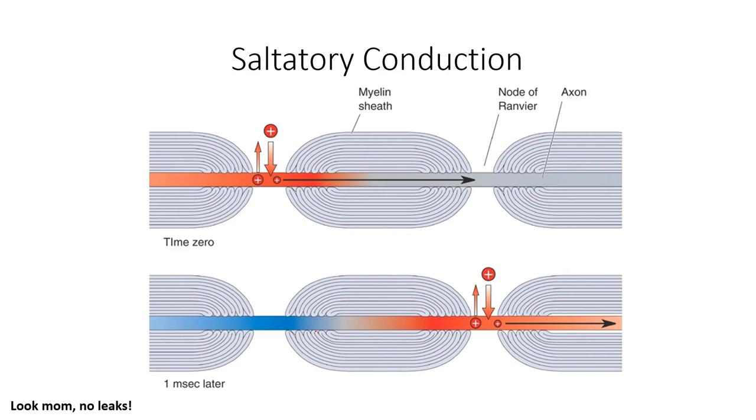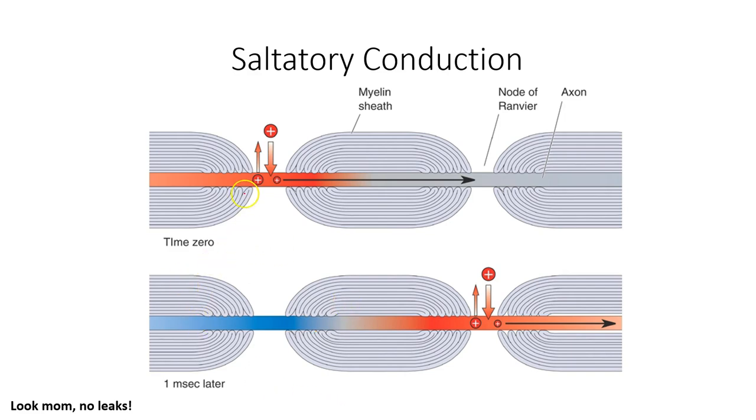One thing that you need to be aware of is that action potential generation in myelinated axons is very different from action potentials generated in unmyelinated axons. So what we talked about earlier when we discussed the refractory period, where adjacent voltage-gated sodium channels open, kind of like a domino effect down the length of the axon, that does not happen in myelinated axons.